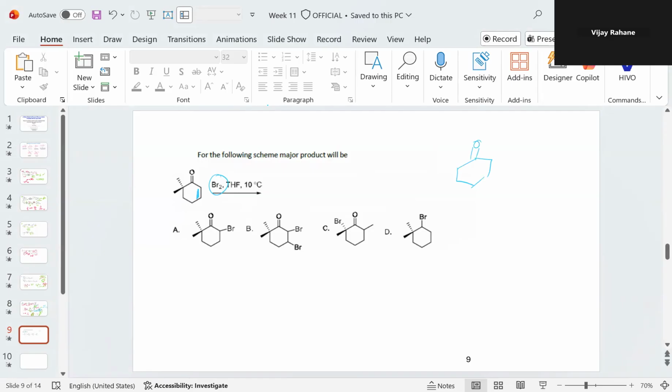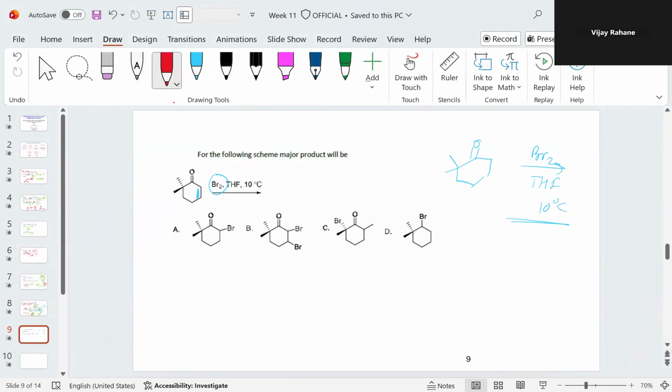If you have only such a starting material and you treat this with bromine in THF at, let's say, 10 degrees Celsius, the reaction doesn't go anywhere. But if we have the double bond here, then we can solve this question.